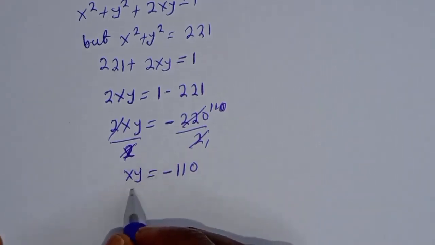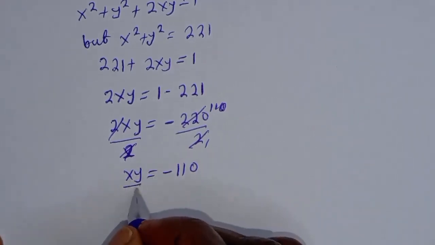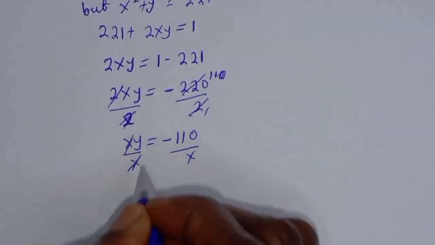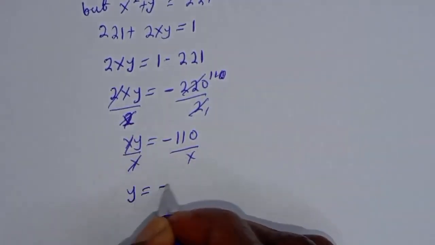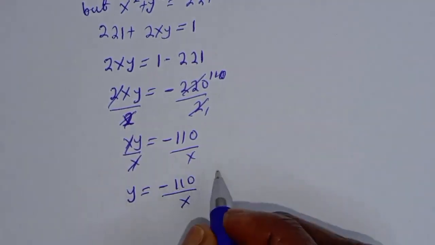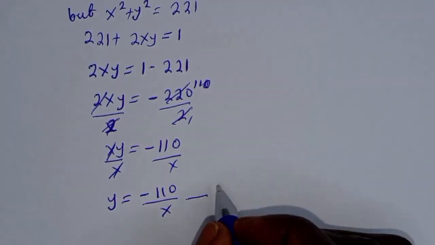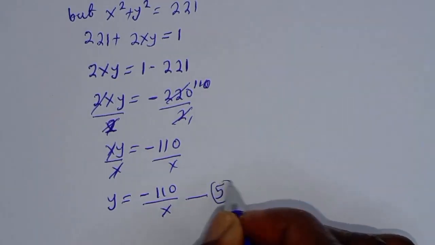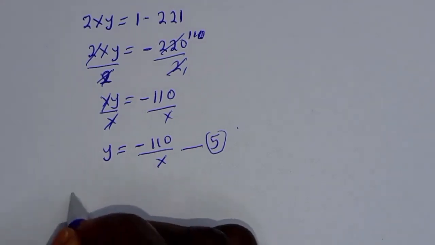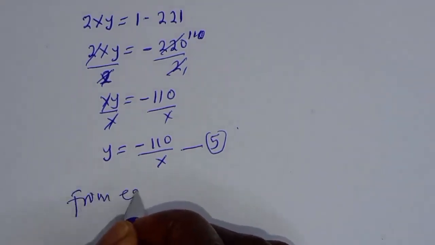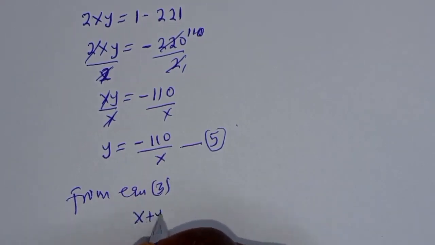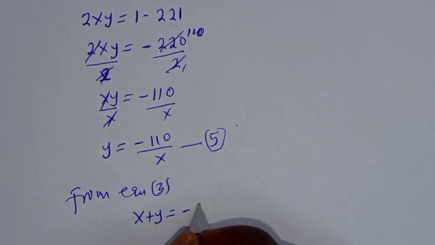So let's make y the subject of the formula. Divide by x. Then this will cancel this. y is equal to minus 110 over x. Let's call this equation 5. From equation 3, x plus y is equal to minus 1.